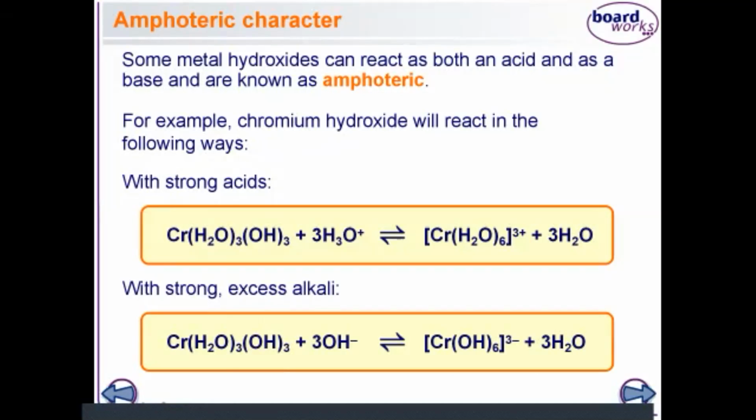In other words, some metal hydroxides can react as an acid or as a base. With strong acid, chromium hydroxide acts as a base, while with strong alkali, chromium hydroxide acts as an acid. So this metal hydroxide is an example of an amphoteric metal hydroxide.